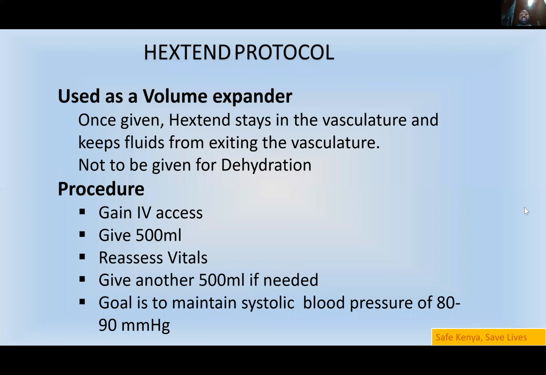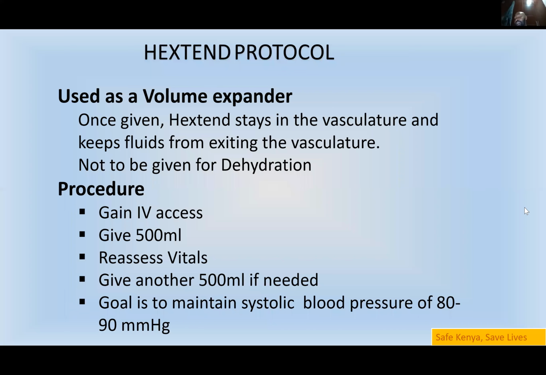Back to Hextend and the Hextend protocol. Hextend is a volume expander, so we give it to help increase the blood volume. For the procedure, if we have IV access, then we would give 500 milliliters of Hextend. We would reassess the vital signs.